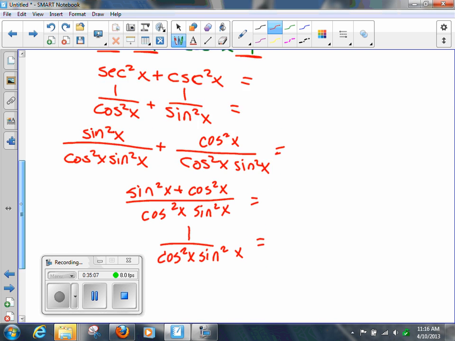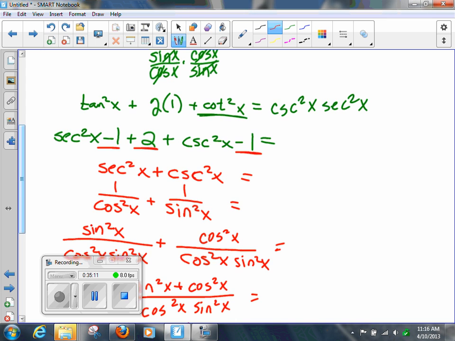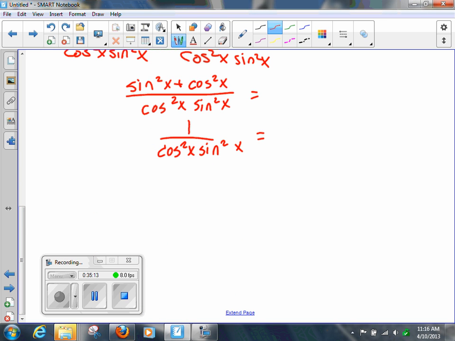Now, what was my original? Cosecant, secant. Cosecant, secant, right? Hey, what's this? What's 1 over cosine squared, folks? Secant squared.